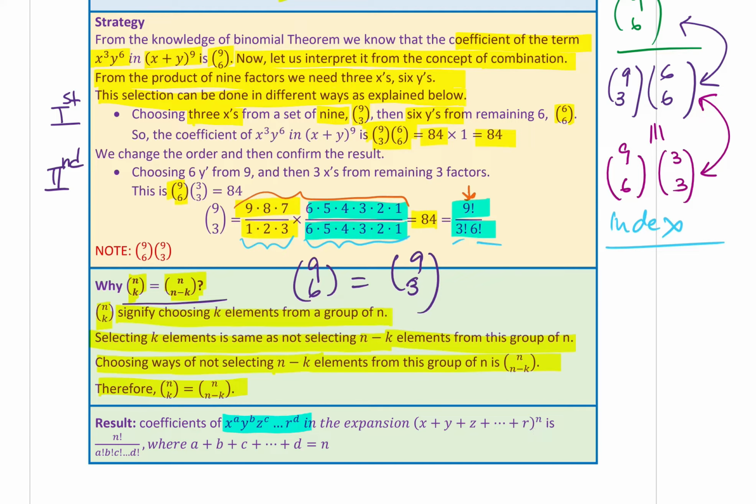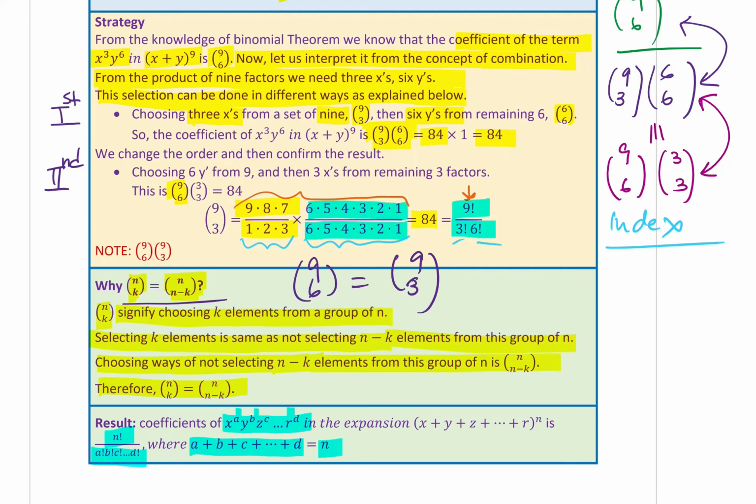So the answer here is n factorial over a factorial times b factorial times c factorial, all the indexes. Do you see that? We get the answer. Important thing here, however, is that the sum of all those indexes should be n, right? That is the condition in binomial theorem. You saw that all the indexes add up to n, right? The degree of the polynomial.